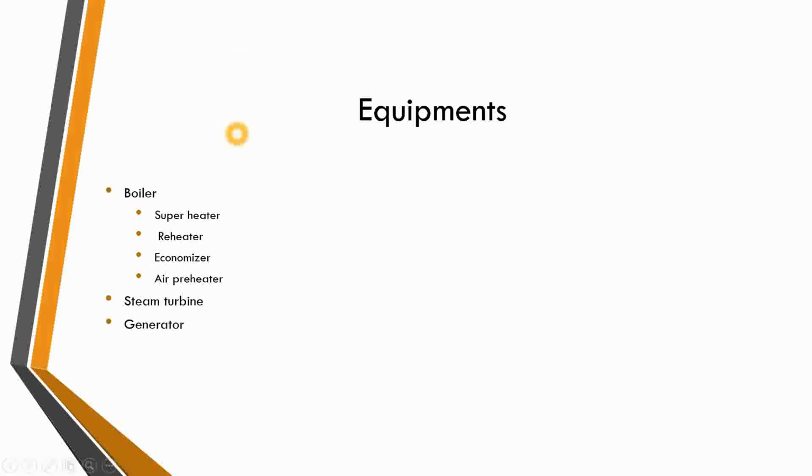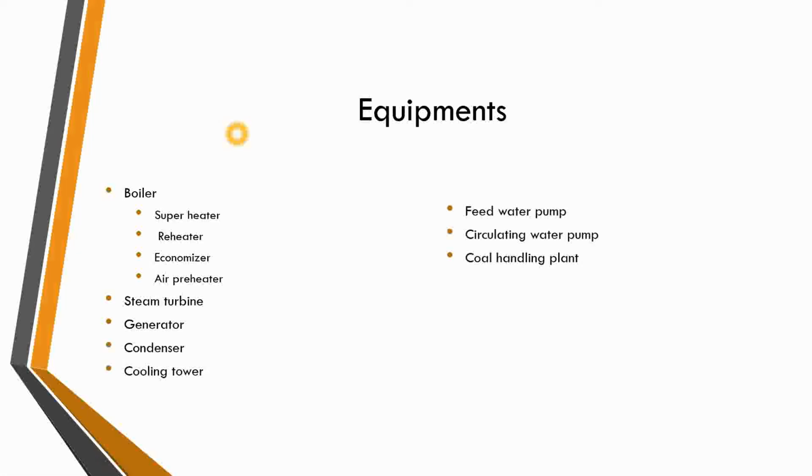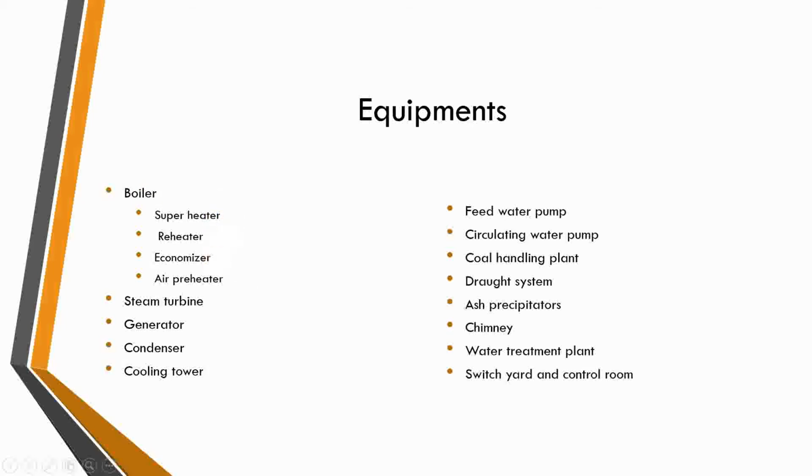First of all, equipments. These are some of the most common equipments generally used in a modern thermal power plant. First, the boiler. In the boiler, there are subtypes: superheater, reheater, economizer, and air preheater.